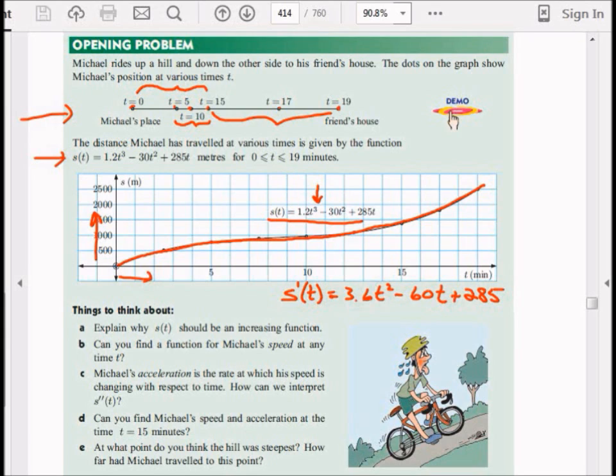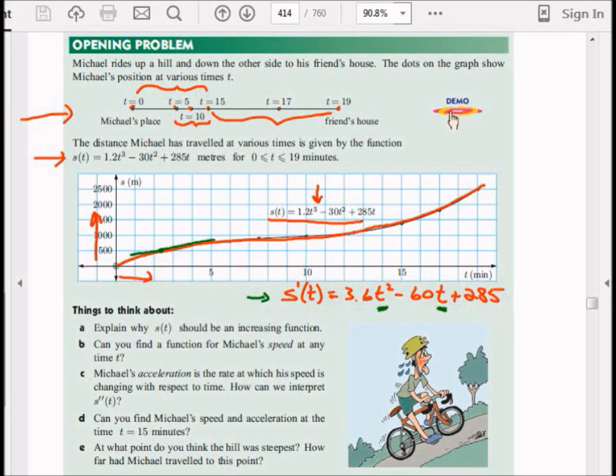Okay, so at any time t, we could plug a t value in. We could plug however many minutes in here to this derivative function and see his speed. Okay, this makes sense because the derivative function is the slope of the tangent. So if we choose this time here, 2.5 minutes, and we draw the tangent line, his speed is the slope of that tangent line, which is given to us by this function.